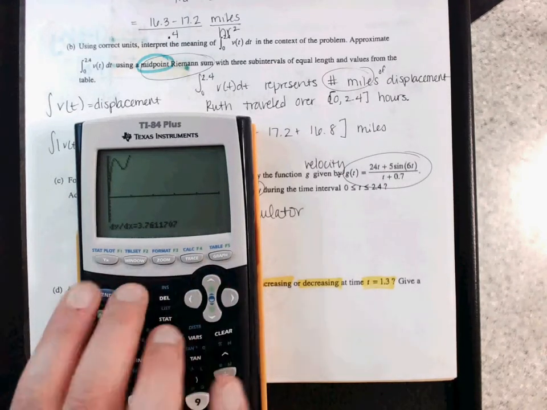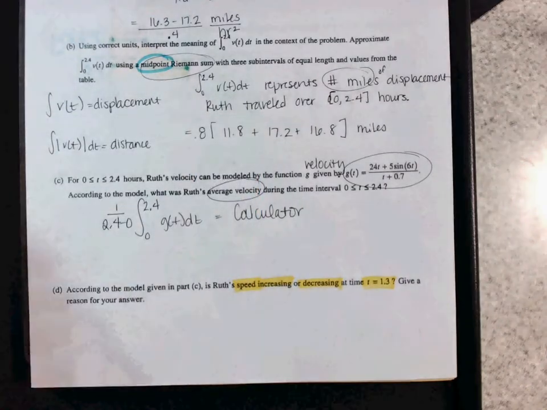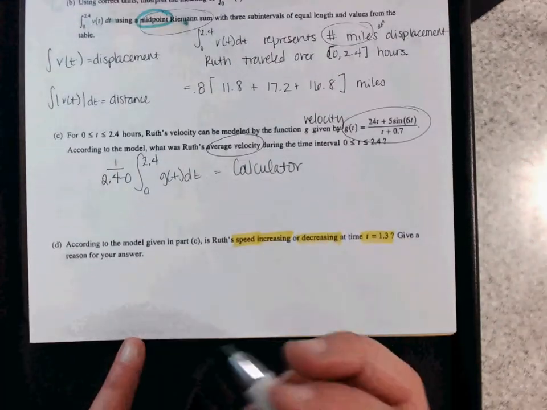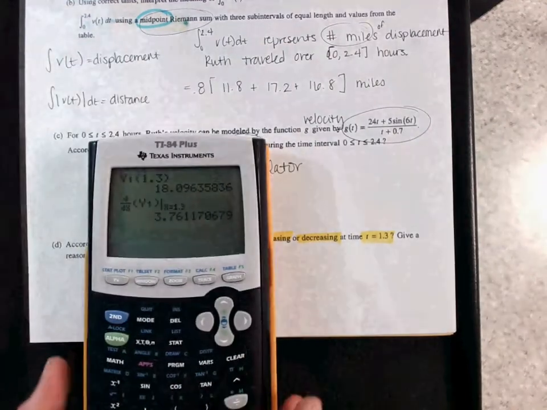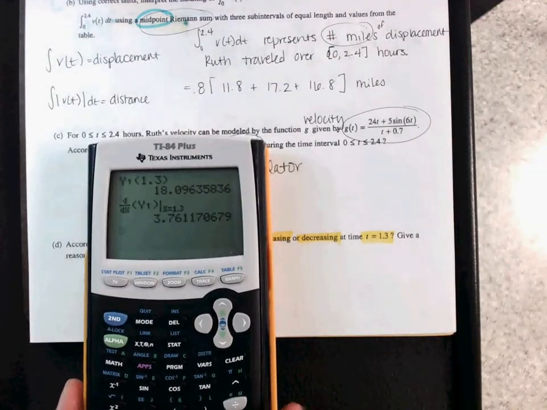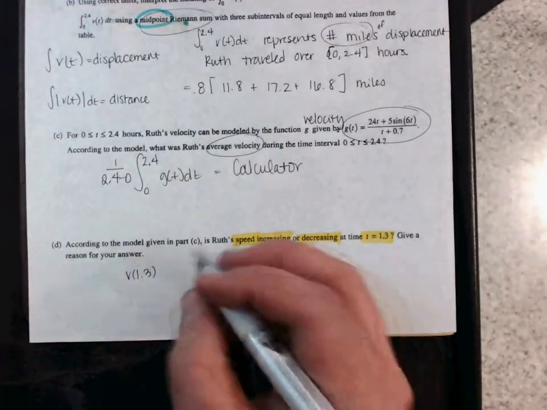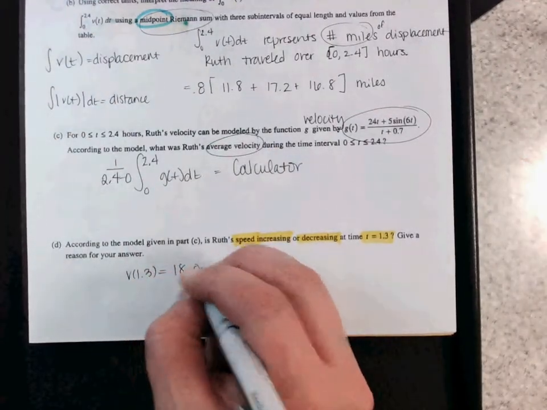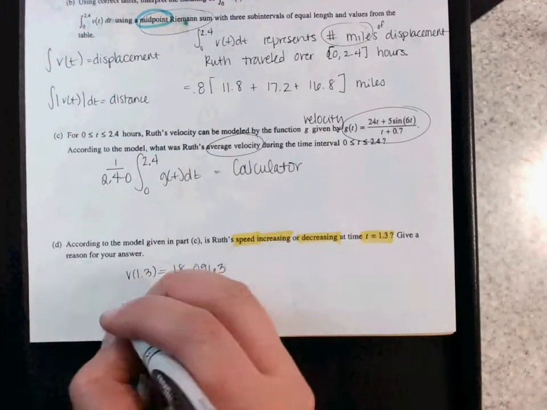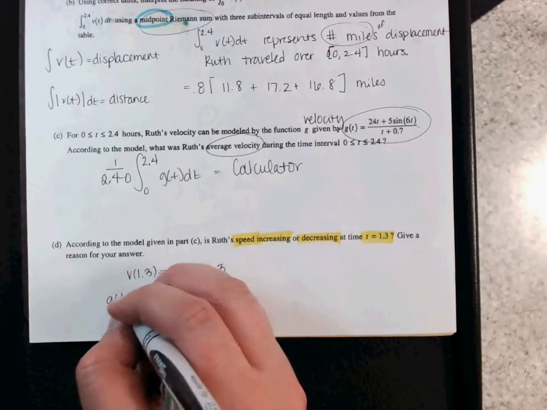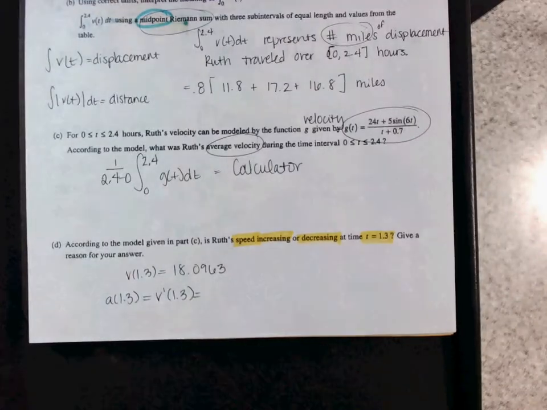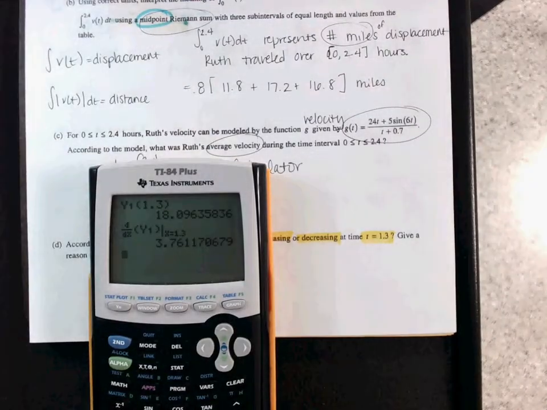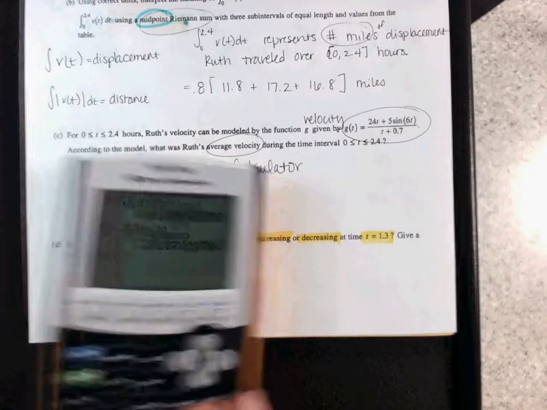Okay? So let's write it out. So you would put her velocity at 1.3. We already typed it in right here. Came out to be 18.0963. Her acceleration at 1.3 was v prime of 1.3. We also did that in the calculator. We got 3.7611.